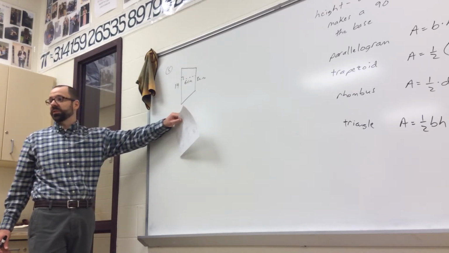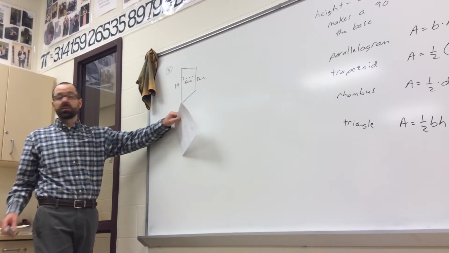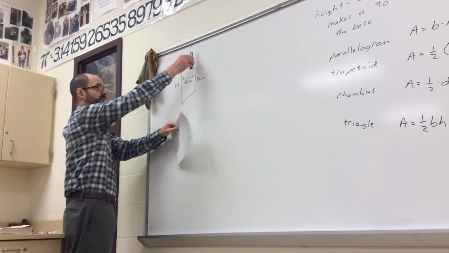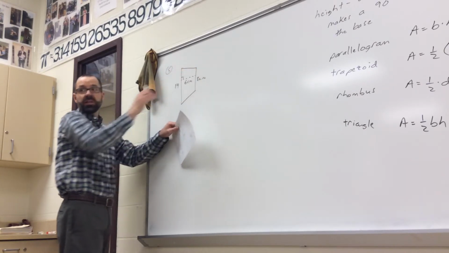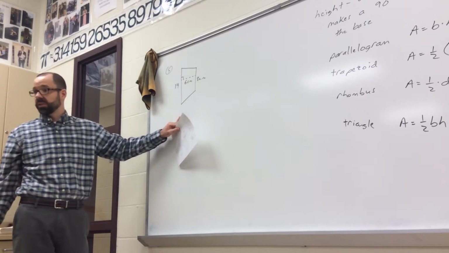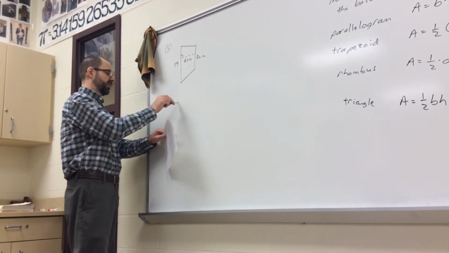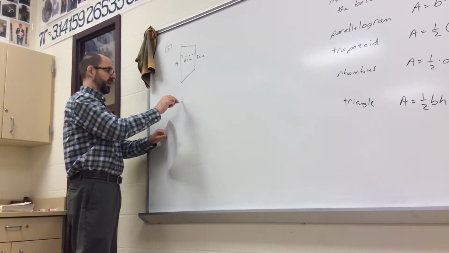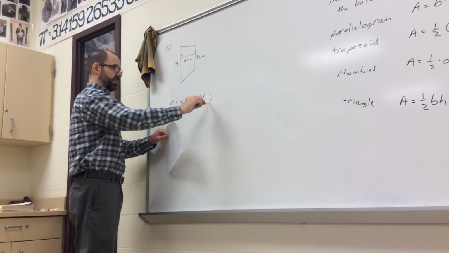Good, it's a trapezoid because it has one pair of parallel sides. This side would never hit that side, but this side would hit this side eventually. So this just has one pair of parallel sides, so it's a trapezoid. So to find the area, we have to use the formula for area of a trapezoid. So that's 1/2 times base 1 plus base 2 times height.